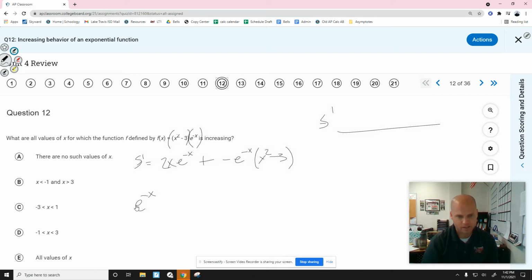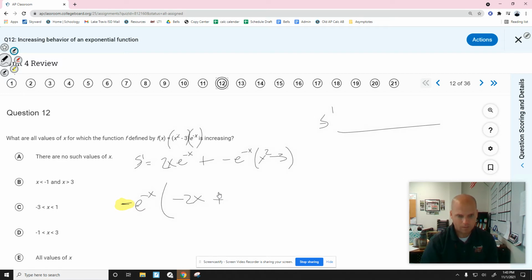Typically factor out e to the power. But I'm going to factor out, just kind of thinking ahead, a negative. Pay attention to this, though. That's important. Why am I factoring out a negative? Well, that makes this 2x a negative after I factor out a negative.